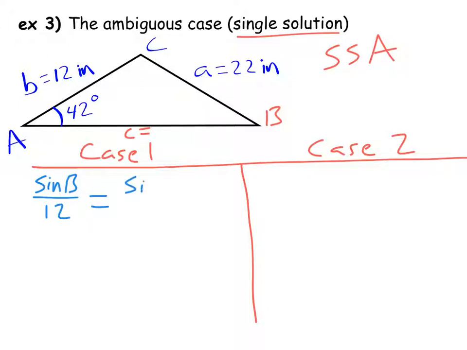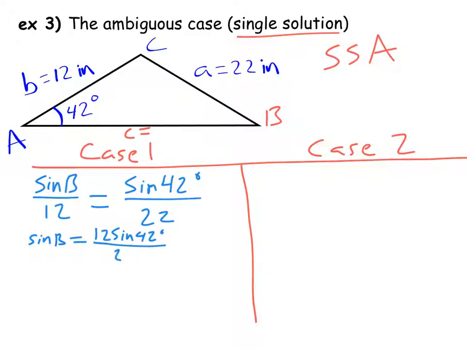Well, let's go sine of 42 over 22. Okay? And then we get sine of B equals 12 times the sine of 42 over 22. And I want to come back to this. You don't need to write this number out. The bigger deal is that it will go into your calculator.